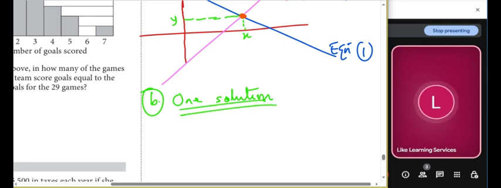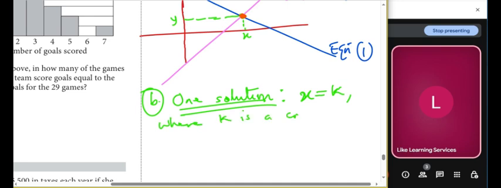For one solution, once we can prove that x is equal to k, where k is a constant, it has one solution.